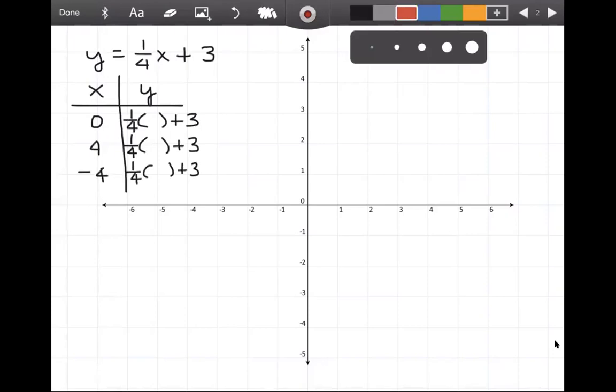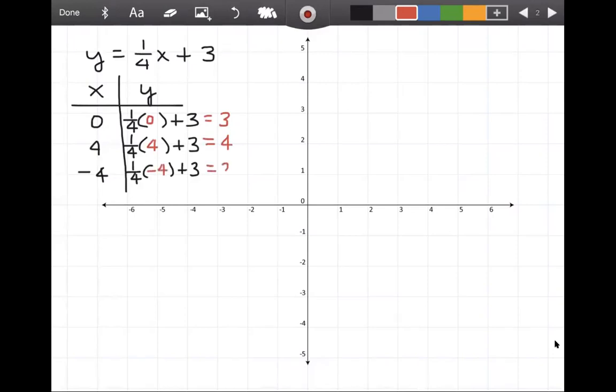All right, so when x is 0, 1/4 times 0 is 0. 0 plus 3 is 3. 1/4 times 4 is 1. 1 plus 3 is 4. And 1/4 times -4 is -1. -1 plus 3 is 2.